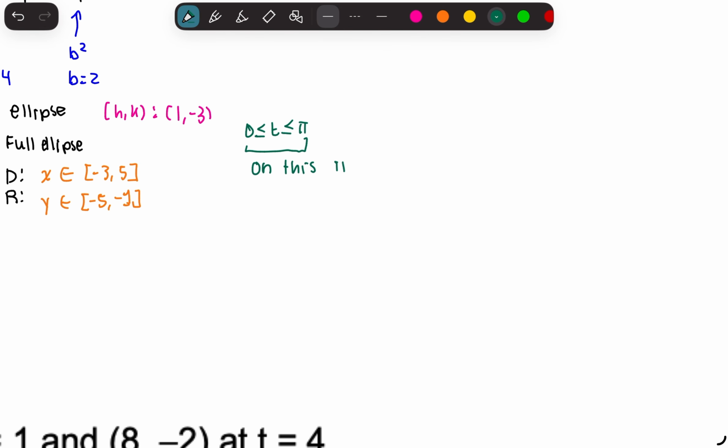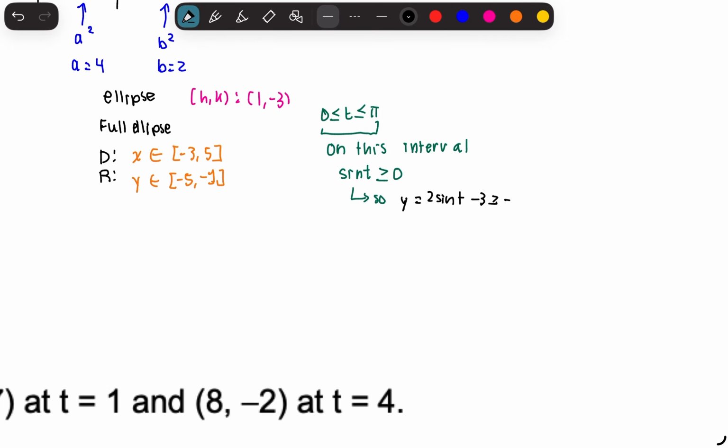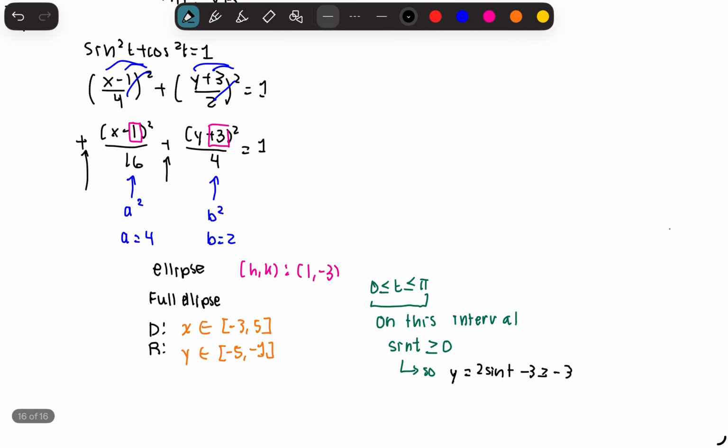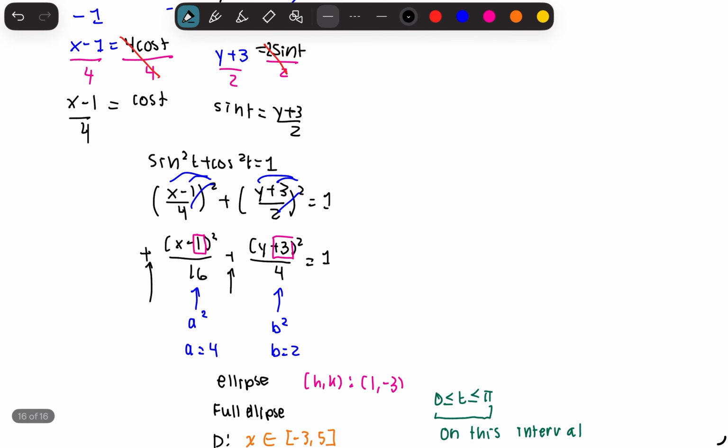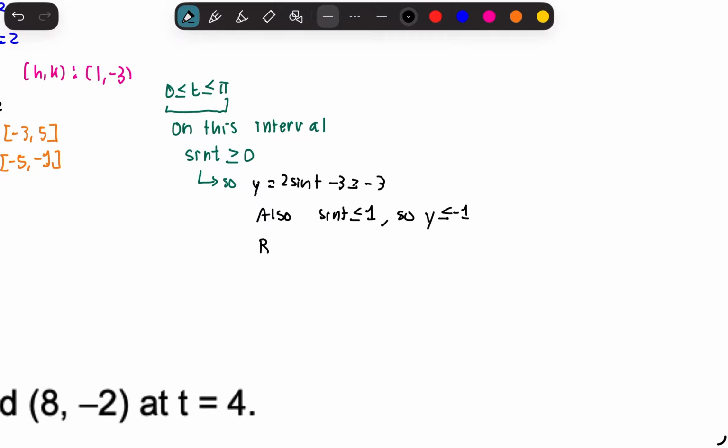So that means that it has to be greater than -3. And also, that means that y has to be less than or equal to -1. That means that our actual range is going to be -3 less than or equal to y less than or equal to -1.